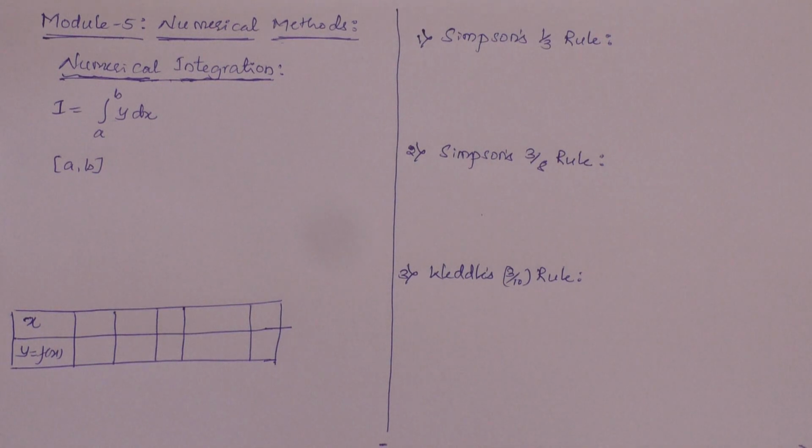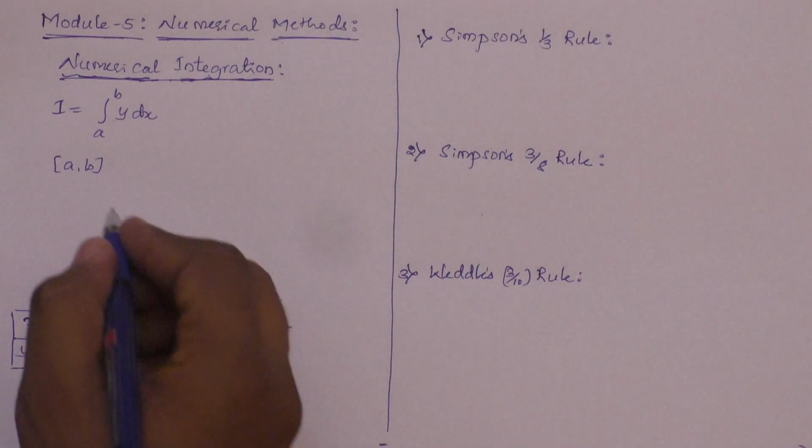If those formulas are not applicable, you need to think of a numerical technique. A numerical technique is a step by step simple procedure by which you get the value of a definite integral without applying the integration result.